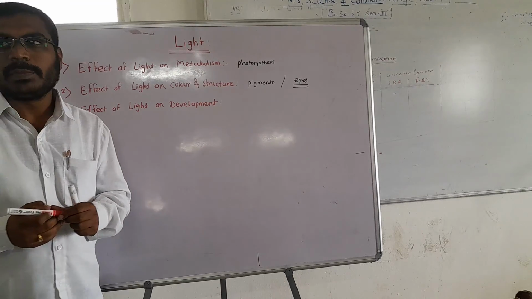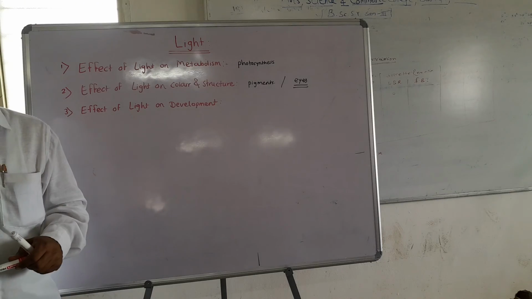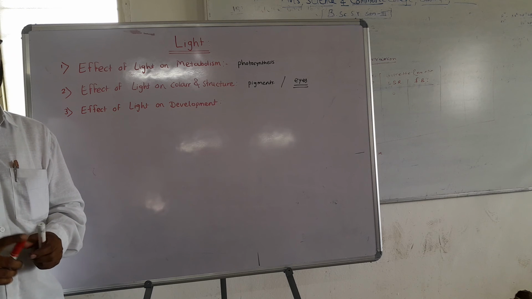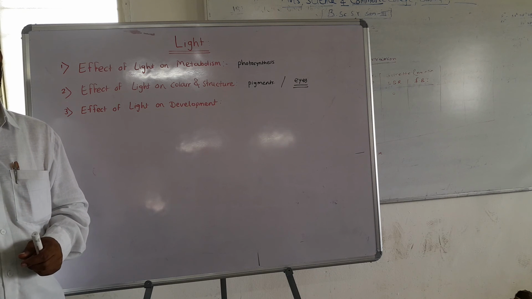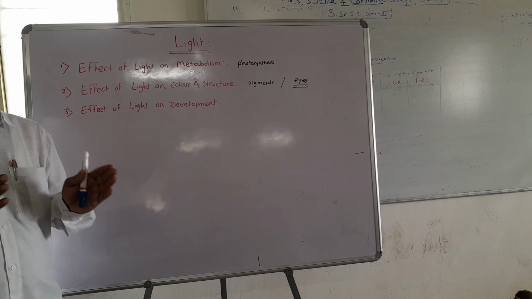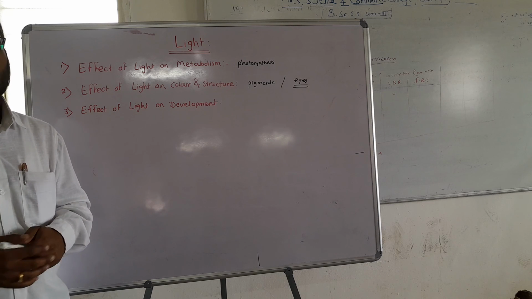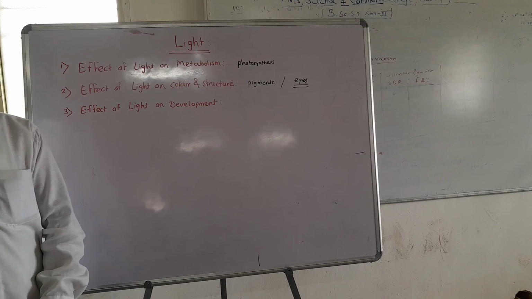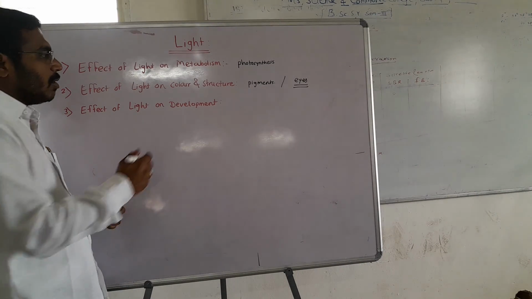We know that the development of organisms requires light. Organisms undergo various processes from birth to adult. It requires light. We will see one example of salmon fish.